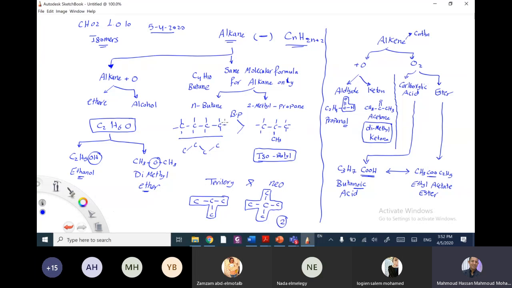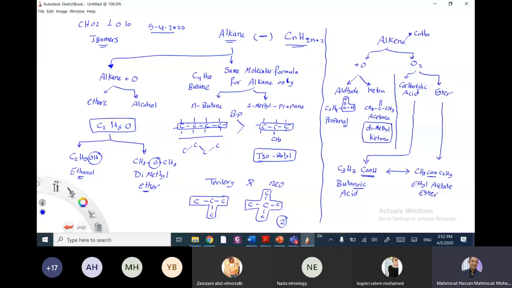As the number of carbon atoms in the longest carbon chain increases, the boiling point of the compound increases. For this compound, 1, 2, 3, 4: 4 in the longest carbon chain, and for this compound the longest carbon chain is 3.